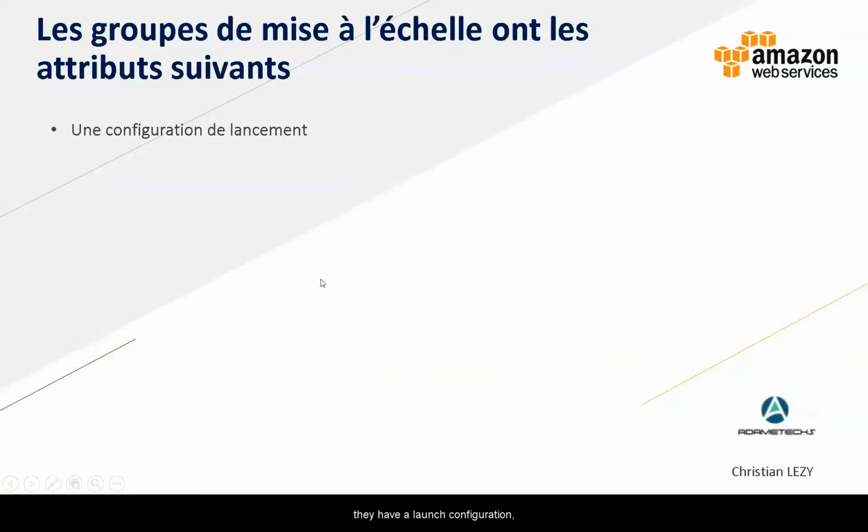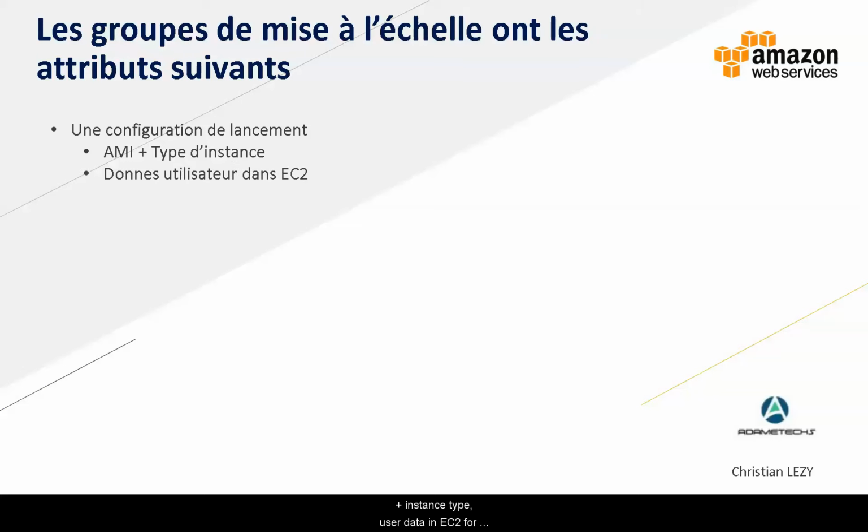ASGs have the following attributes. They have a launch configuration. The launch configuration is an AMI plus an instance type, user data in EC2 for application installation, and EBS volume or volumes, and security groups, SSH key pairs.